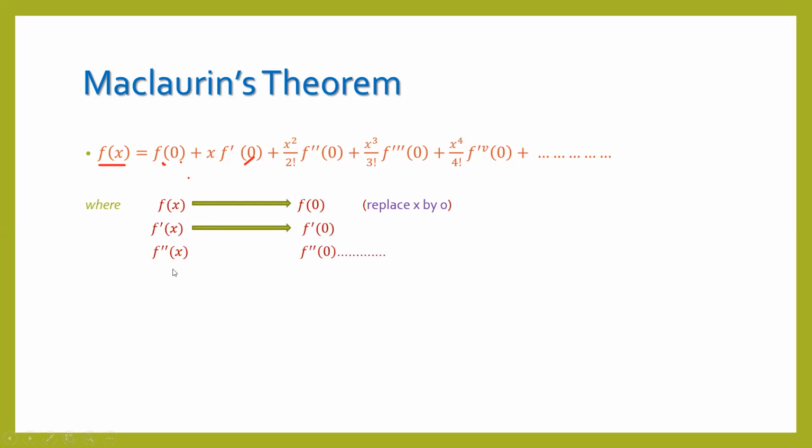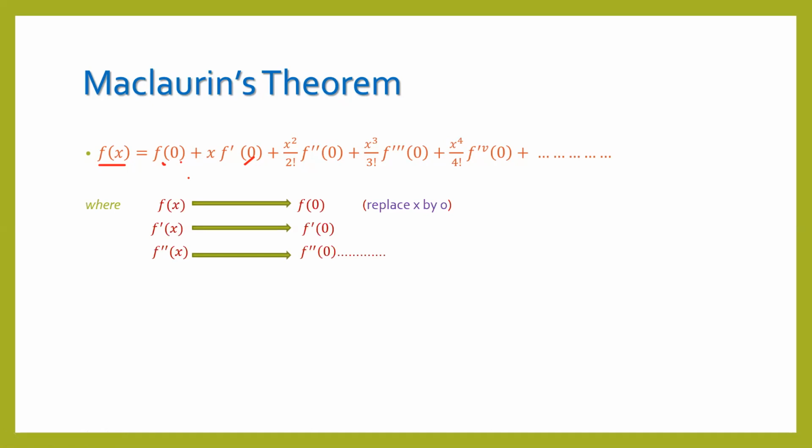Similarly, when we differentiate f dash again with respect to x, we get the second derivative of the function. In this second derivative, when we replace x by 0, we get f double dash of 0. So if we have to find the expansion of any function in increasing terms of x, or in ascending powers of x, we have to use this Maclaurin's theorem.